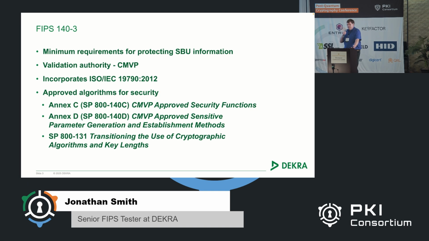The key establishment ones are in the Annex D. All the rest of them are in Annex C. And then we have this 800-131 special publication, which is sort of CMVP specific, and it controls algorithm life cycles. So as we head into the 2030, 2035 retirement to the classical asymmetric algorithms, the way that gets fed back into FIPS 140-3 is through updates in this 800-133 standard, which provides more details about exactly how that transition is going to happen within FIPS.